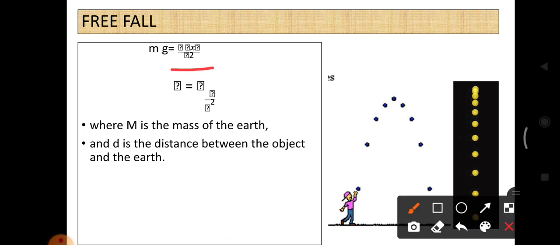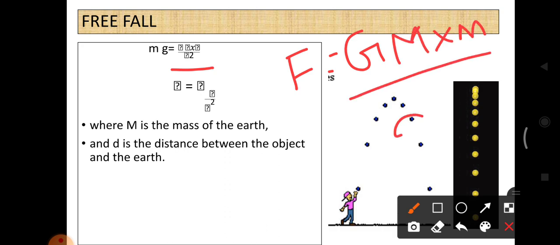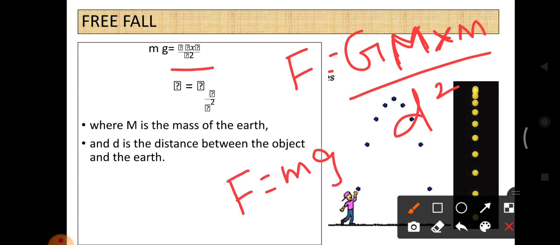Sorry, here were some mistakes. In gravitational force, you know that F equals G capital M into small m by d squared. This is the gravitational force between two masses, capital M and small m. And in the previous one we know that F equals m into g. See, in these two equations, the left sides are the same but the right sides are different.